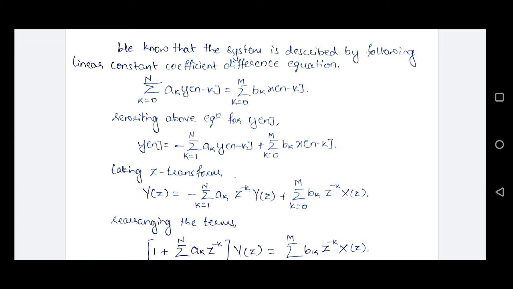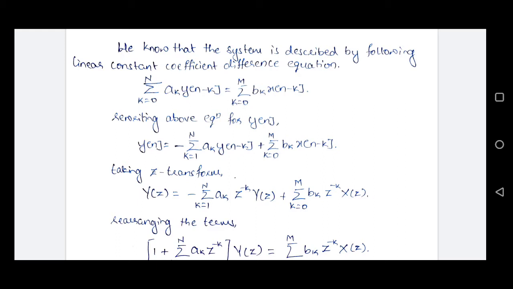Y of n minus k are the terms containing present output and previous outputs. X of n minus k contain present input and past inputs. ak are the coefficients associated with the output terms and bk are the coefficients associated with the input terms.